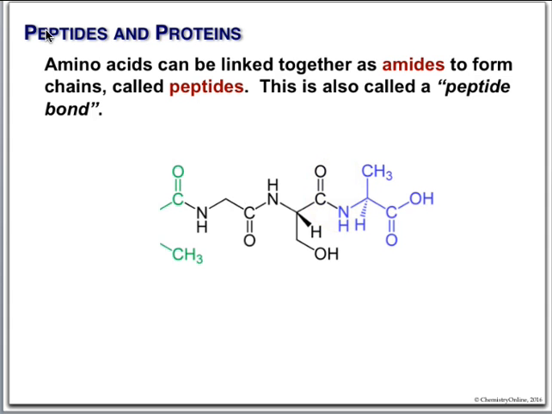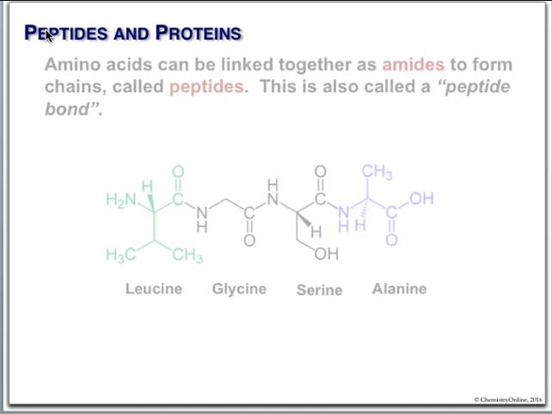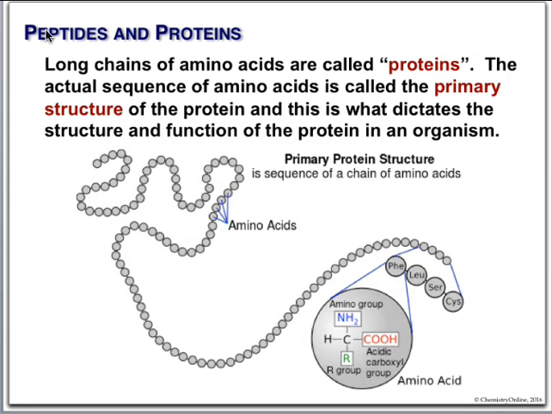If we continue to hook them together the same way, we get a short group of amino acids all linked together with amides, and we call this a peptide. If we continue the process hundreds of times, we wind up with what we call a protein. Exactly the same, they're just all linked together, and they give us this long chain that's a protein.